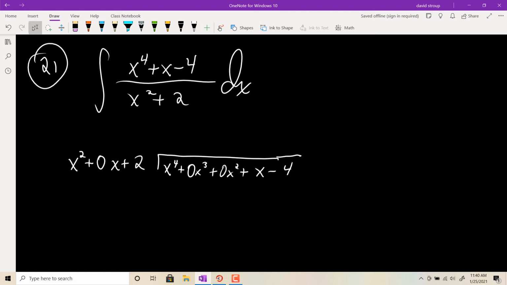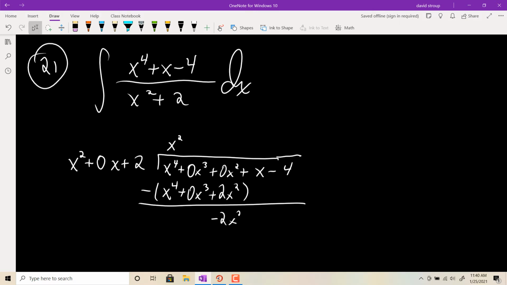Okay. So what times x squared gives me x to the 4th? Well, x squared. So I'll have x to the 4th plus 0x cubed plus 2x squared. Then I subtract. Okay. So negative 2x squared, and bring down the stuff above as well. I forgot to do that. So what times x squared gives me negative 2x squared? That would be negative 2.